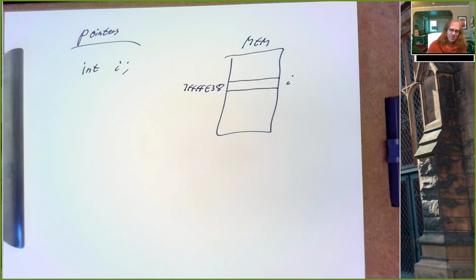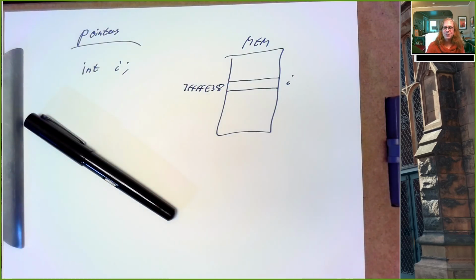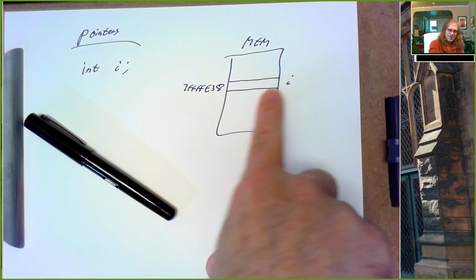And that location in your memory, that's where I is stored. So if you went to your DRAM, somewhere in those 16 billion bytes, somewhere there's 32 bits corresponding to this integer.